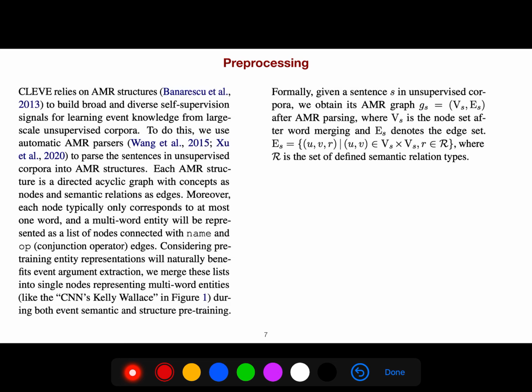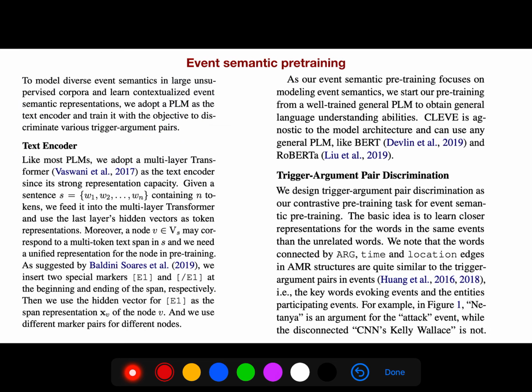Moreover, each node typically only corresponds to at most one word, and a multi-word entity will be represented as a list of nodes connected with name edges. Considering pre-training entity representations will naturally benefit event argument extraction, we merge these lists into a single node.